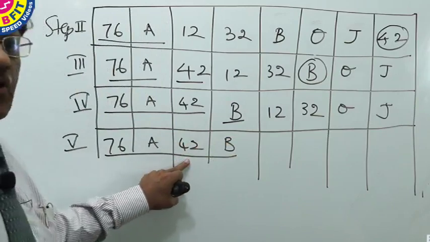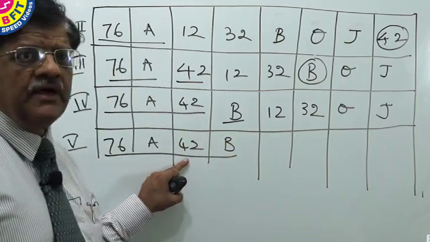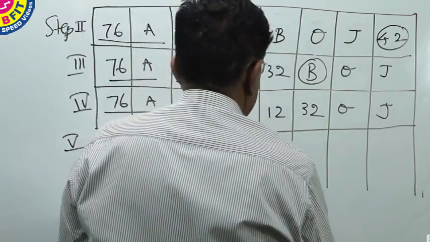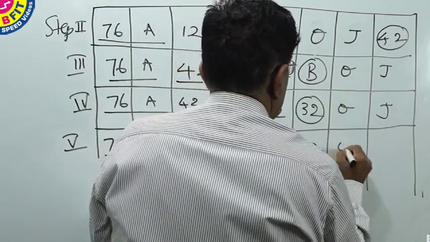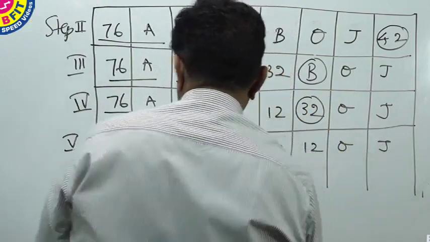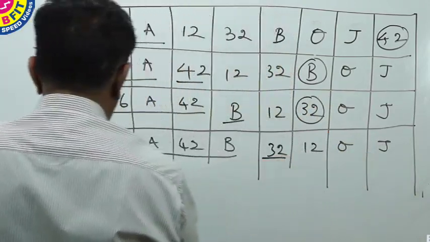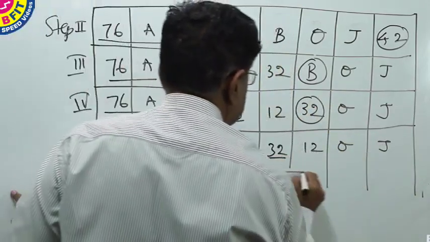Then a number lower than 42, it is 32. 32, 12, O, J. So this is step 5.